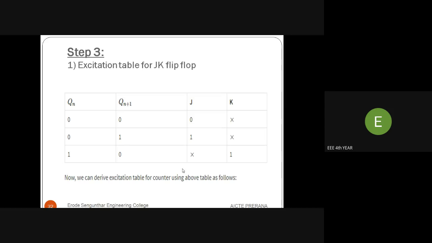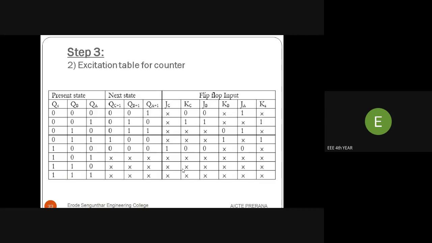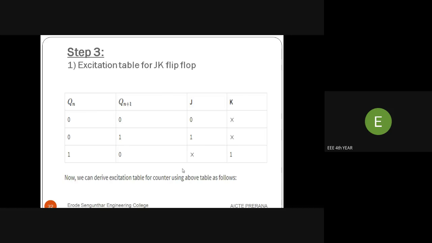See the first row: present state Qn is 0, next state Qn plus is 0. Therefore the J value and K value are 0x. So JC value is 0 and KC value is x. Okay.